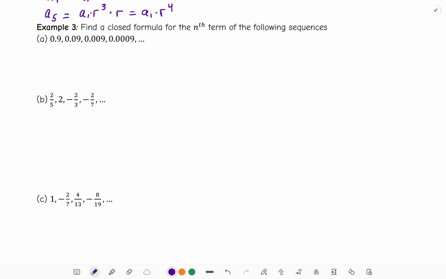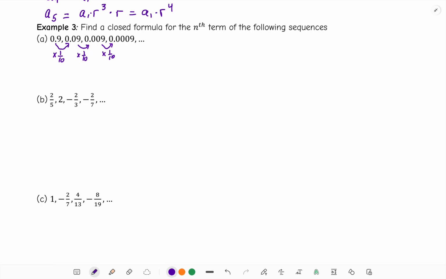So the first thing I'm going to notice for this is that if I multiply by 1/10 to each term, we get the next term. And the reason why I recognize that it's multiplying by 1/10 is because the number is getting smaller, so I'm going to multiply by a fraction. And since I'm adding a 0 in front of the 9 each time, that's 1/10.